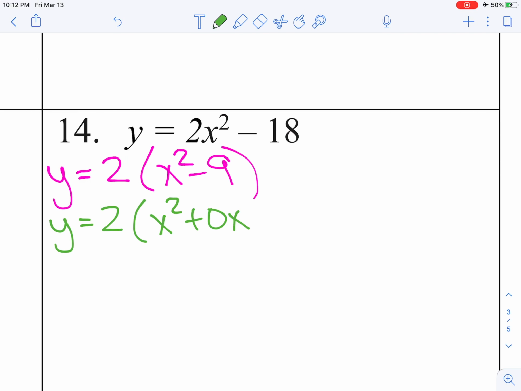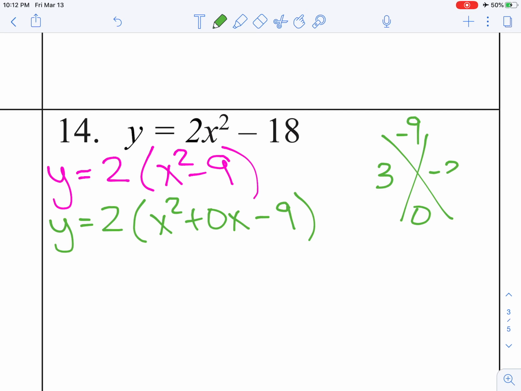X squared plus 0x, because isn't that 0 your b value? And then minus 9. So if I did a t or an x method, I get negative 9 that adds to 0. So what are the factors of negative 9 that add to 0?